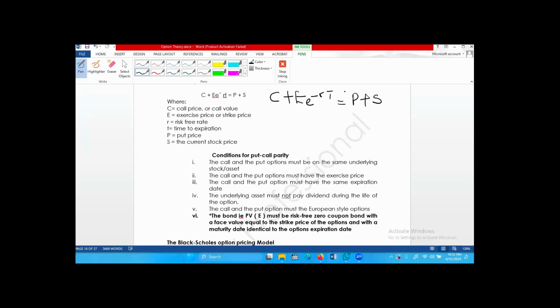Condition 2: the call and the put option must have the same exercise price. Number 3: the call and the put option must have the same maturity dates.